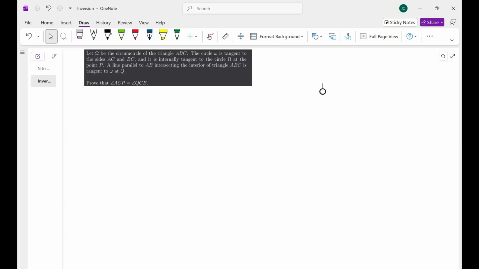I think root BC inversion works, because it suffices to show that one of those lines goes to the other. The tangent circle will be mapped into the X circle.